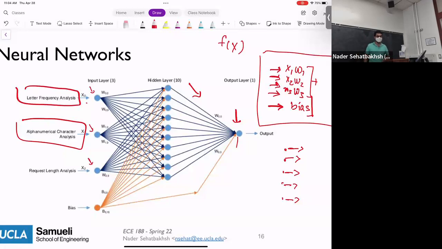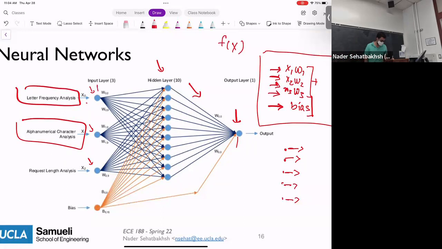And from the input layer, now we distribute it to the next layer, which we usually call the hidden layer, the layers in between. And as you can see, for this specific one, which is called a feed-forward network, every neuron is connected to every neuron in the next layer.